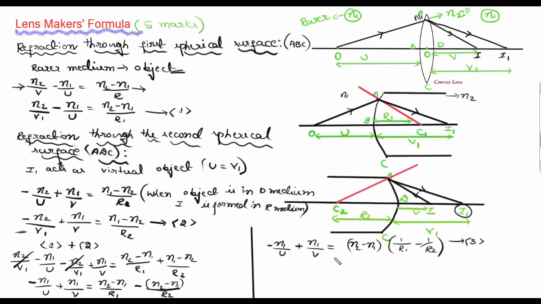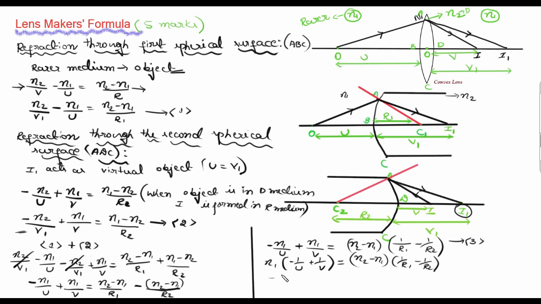Now in equation number 3, on the left hand side, N1 is again common. So I will take N1 as common factor: minus 1 by U plus 1 by V is equal to N2 minus N1 into 1 by R1 minus 1 by R2. Take this N1 to the right hand side.